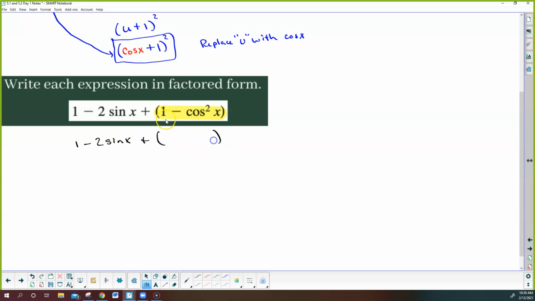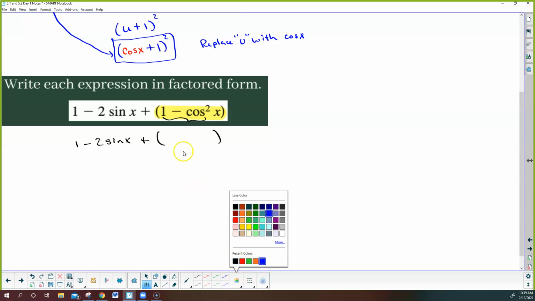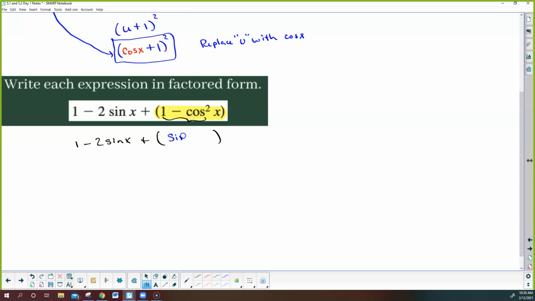I'm going to replace the fact that I know 1 minus cosine squared is really sine squared. That was our Pythagorean identity. Just replace that.